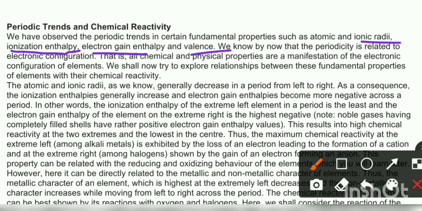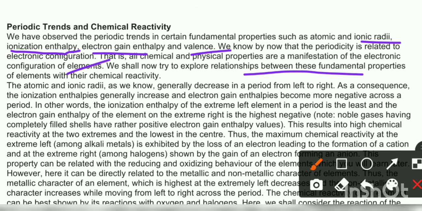So the electronic configuration gives the changes in the ionization enthalpy, gain enthalpy, valency, ionic radii, and all that. Because of that, the complete chemical and physical properties depend upon, or are a manifestation of, the electronic configuration of the element. We shall now try to explore the relation between these fundamental properties of elements and their chemical reactivity.